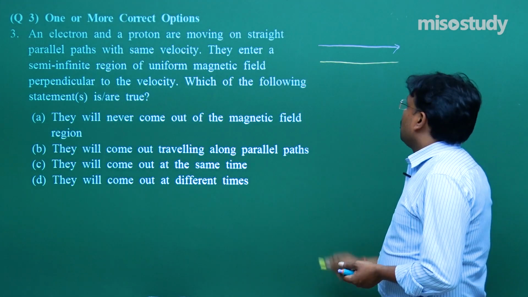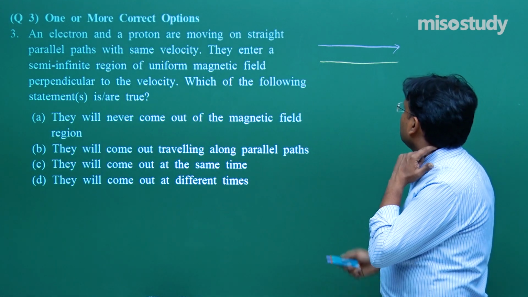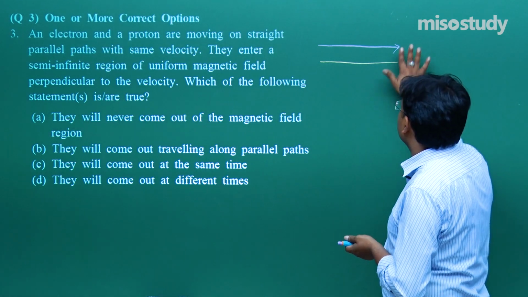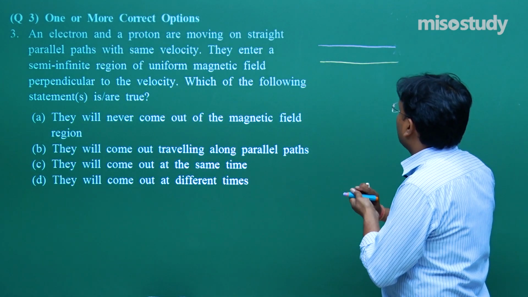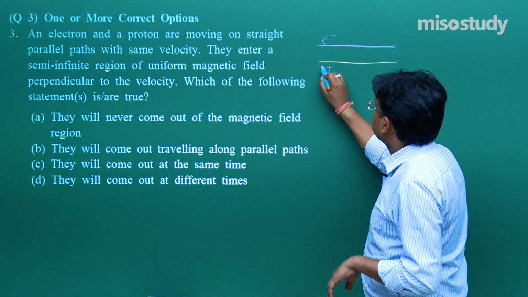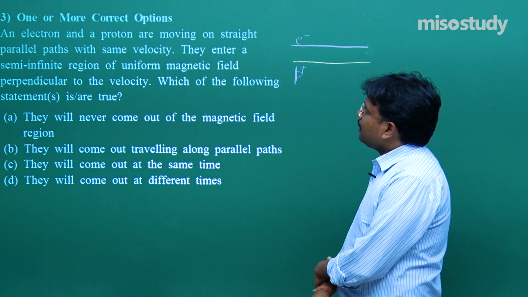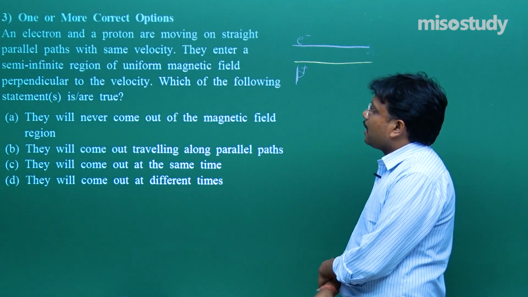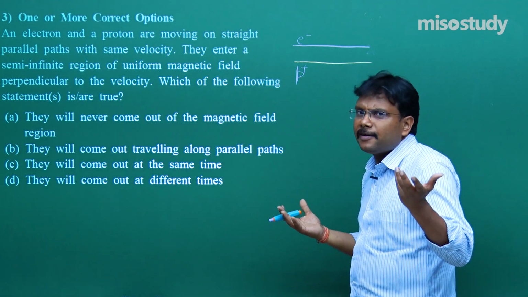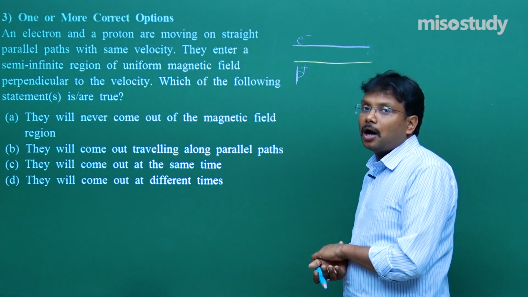Let us say on this purple line the electron is moving, and on this yellow line the proton is moving. In which direction? No aspect of that right now to think about. They enter a semi-infinite region of uniform magnetic field perpendicular to the velocity. The sentence is self-explanatory. Which of the following statements is or are true?